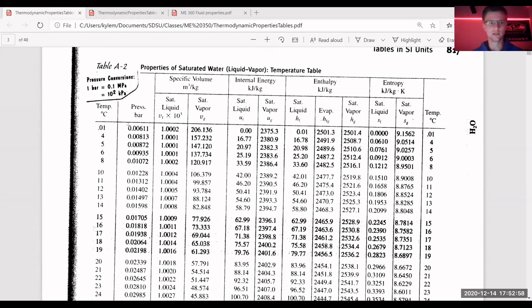And for part C here at 0.01 degrees Celsius, we see that our saturated vapor pressure is 0.00611 bar, and our saturated vapor specific volume is 206.136 meters cubed per kilogram.